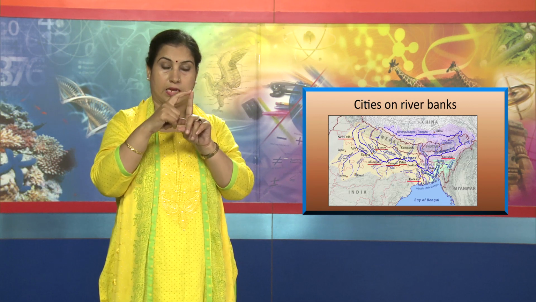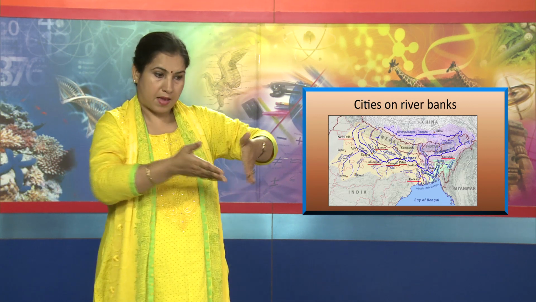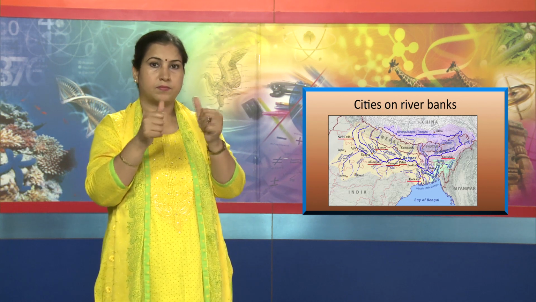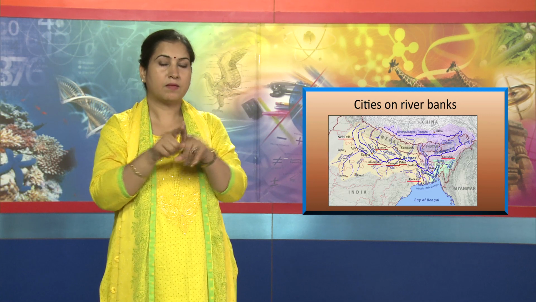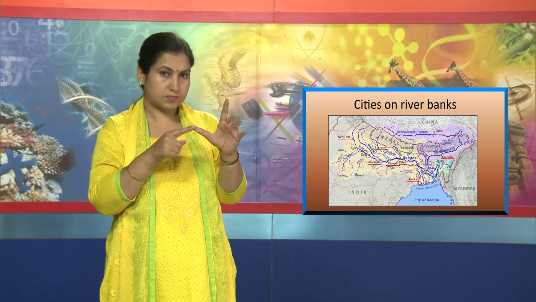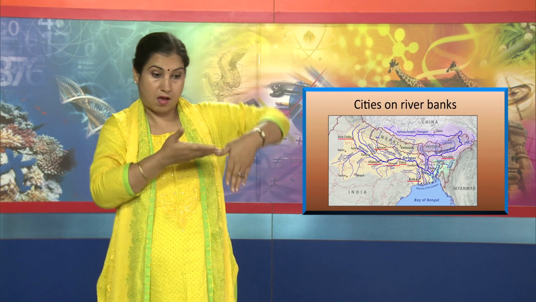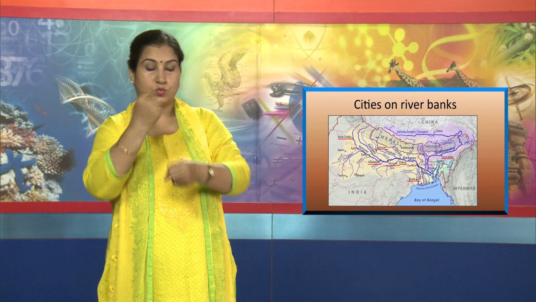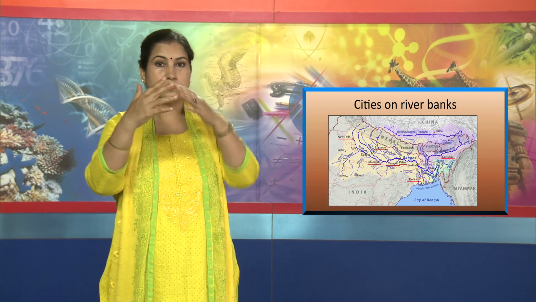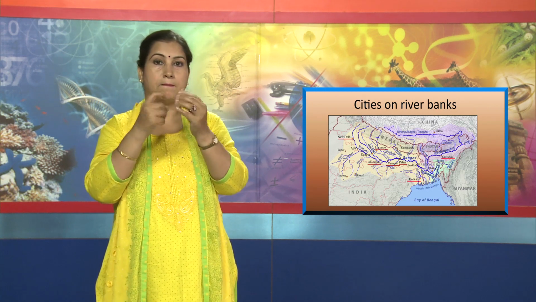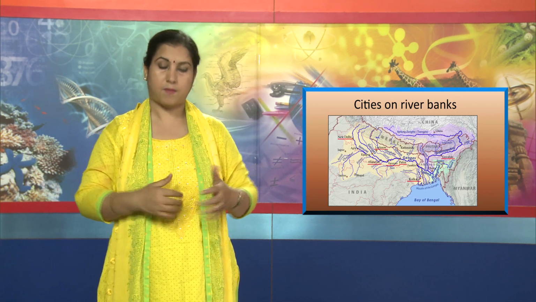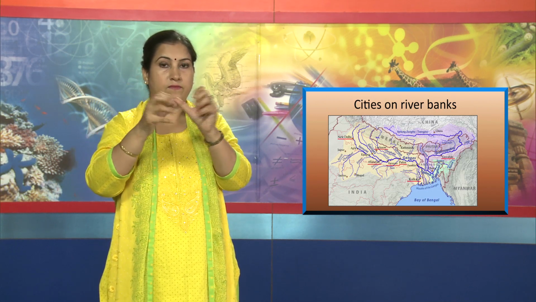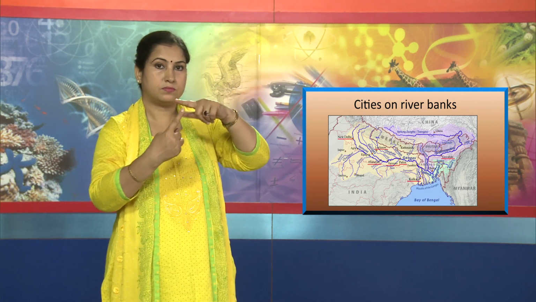Delhi, on the bank of Yamuna, Rishikesh, Haridwar, Allahabad, Varanasi, Patna along Ganga, Kolkata along Hooghly, Guwahati along Brahmaputra, Nasik along Godavari, Cuttack along Mahanadi are some of the examples.